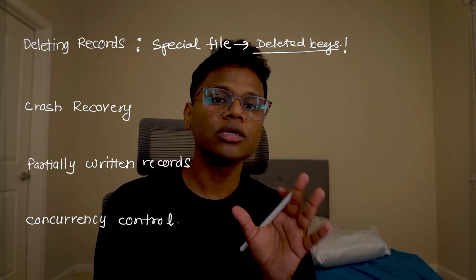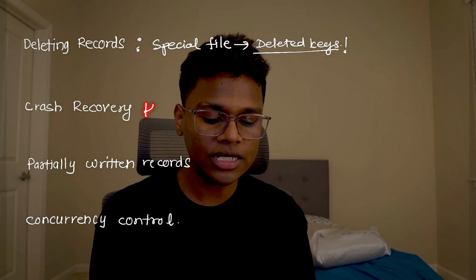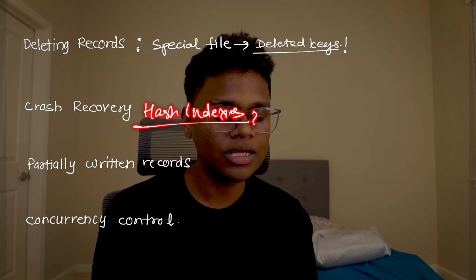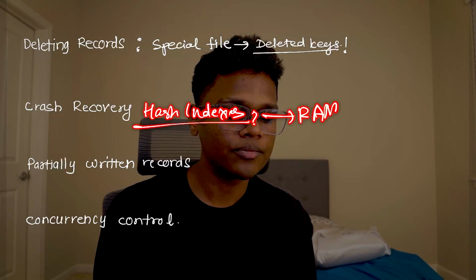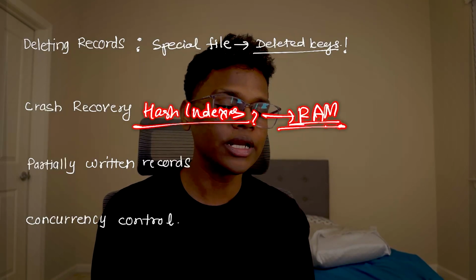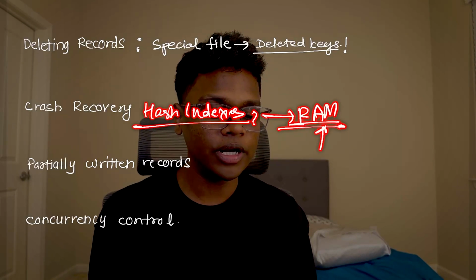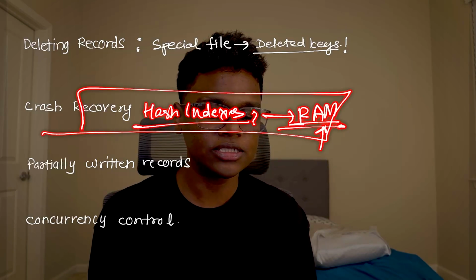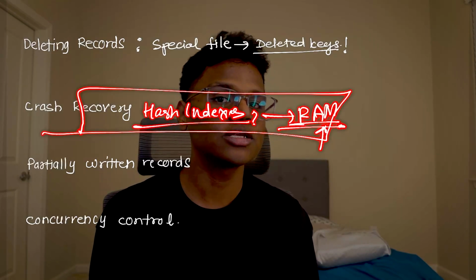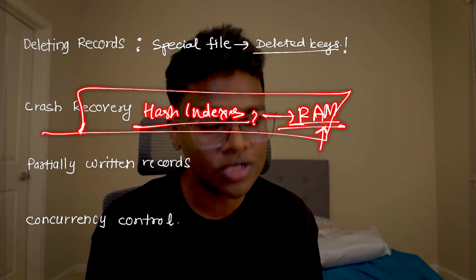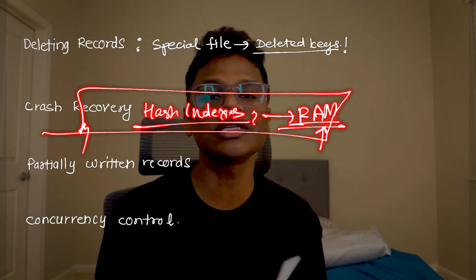Sometimes क्या होता है कि you are storing hash indexes where? In RAM, correct? You're storing it in RAM to access it faster. But whenever your database crashes or that computer restarts, we all know whenever a computer restarts, your memory is flushed out, and it will just restart from scratch again.